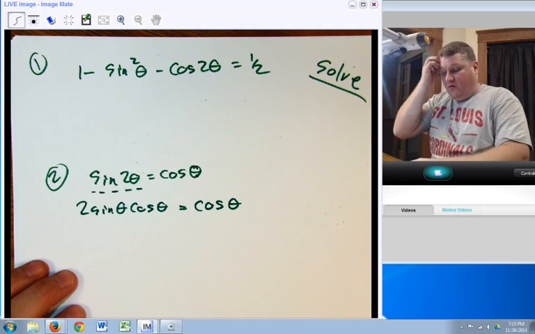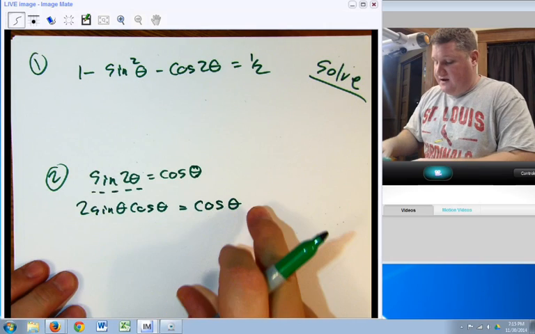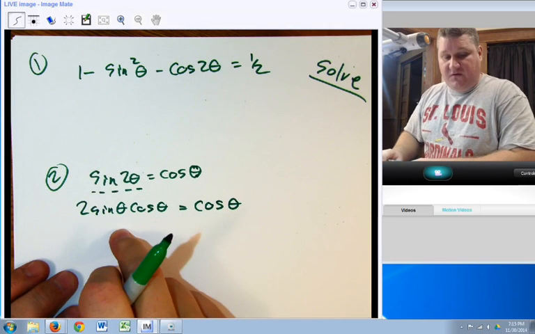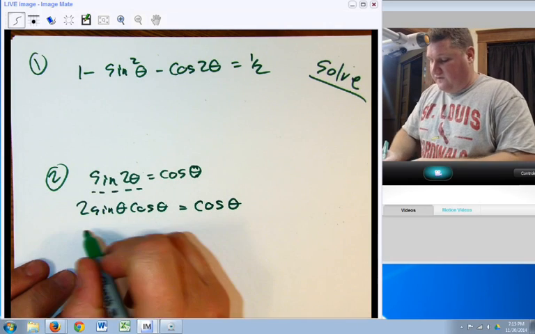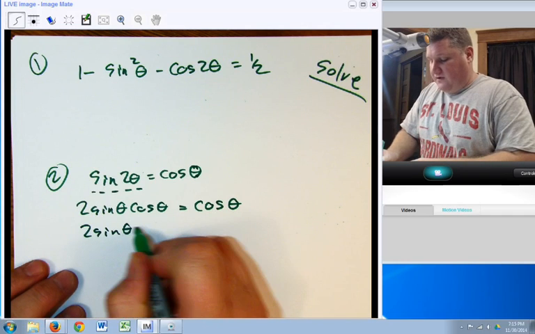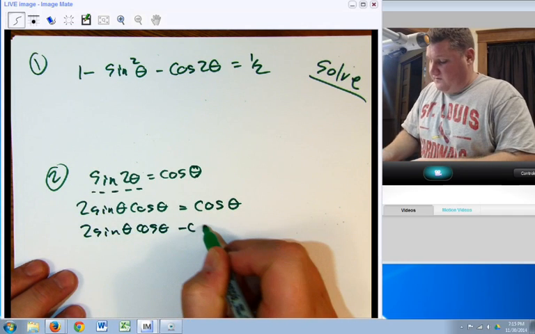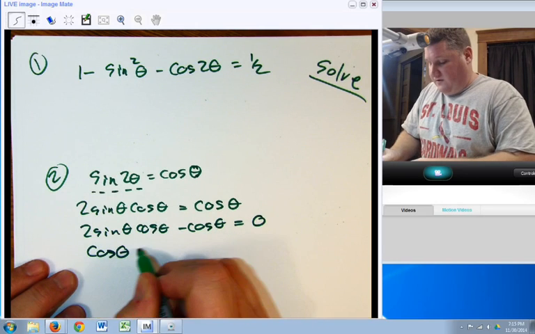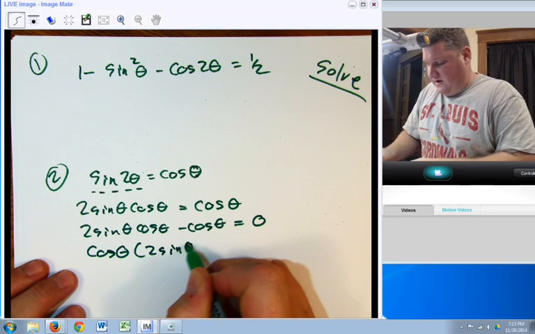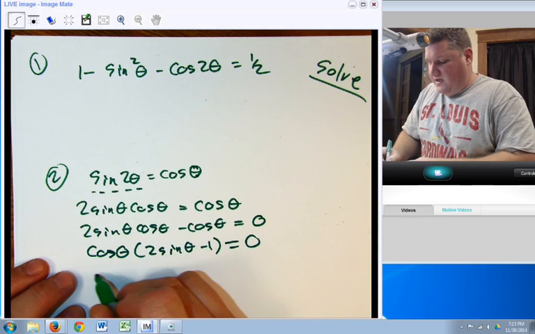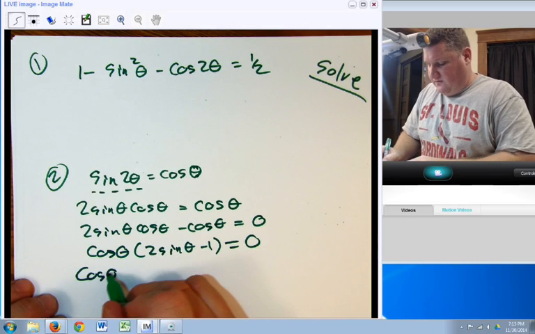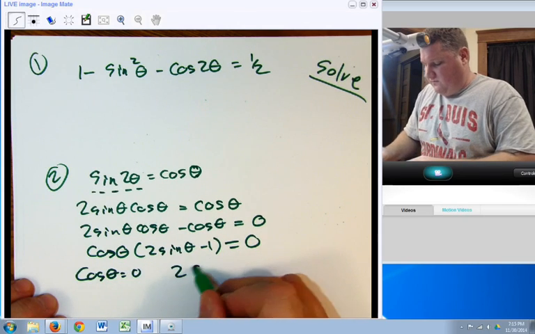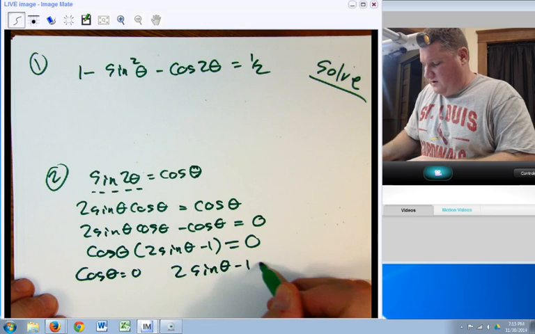At this point, we need to remember that we cannot just divide by cosine theta because we might be eliminating a potential solution. So 2 sine theta cosine theta minus cosine theta equals 0. Factor out a cosine theta, leaves 2 sine theta minus 1 equals 0. Then I'm going to separate it out: cosine theta equals 0 and 2 sine theta minus 1 equals 0.